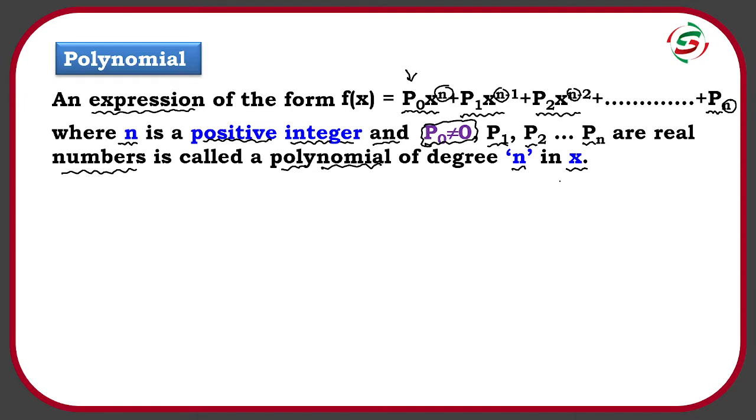So quickly you can just remember, the polynomial is an expression of the form p naught x to the power of n plus p1 x to the power of n minus 1 plus p2 x to the power of n minus 2 plus p3 x to the power of n minus 3 plus so on to plus pn, where n is a positive integer, as well as p naught, p1, p2, p3 so on to pn are real numbers.